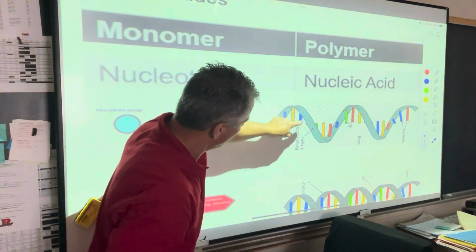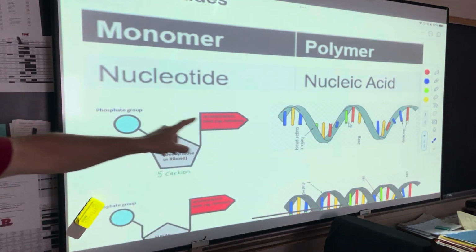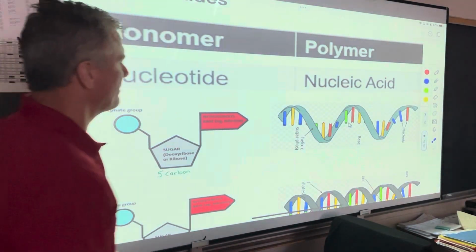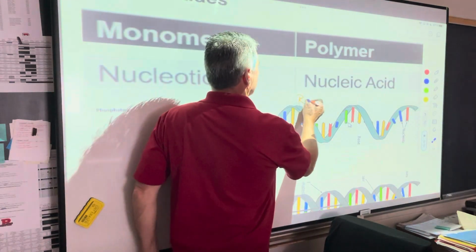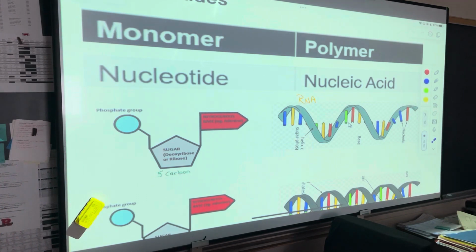I would probably label this RNA, because when we talk about DNA and RNA, they're nucleic acids. Anytime you see that half of a coil, that's always going to be RNA. RNA is responsible for making protein.